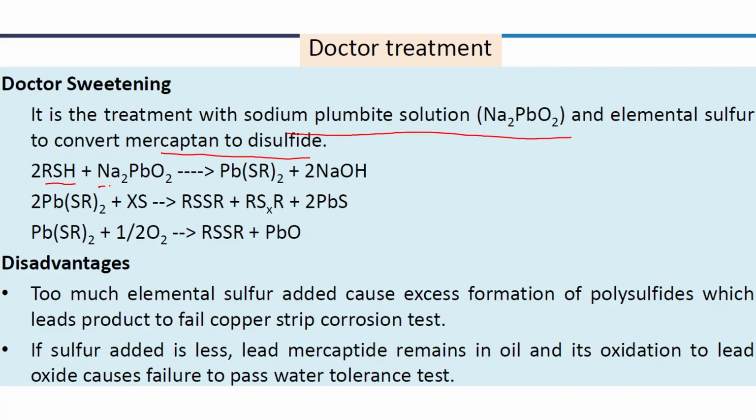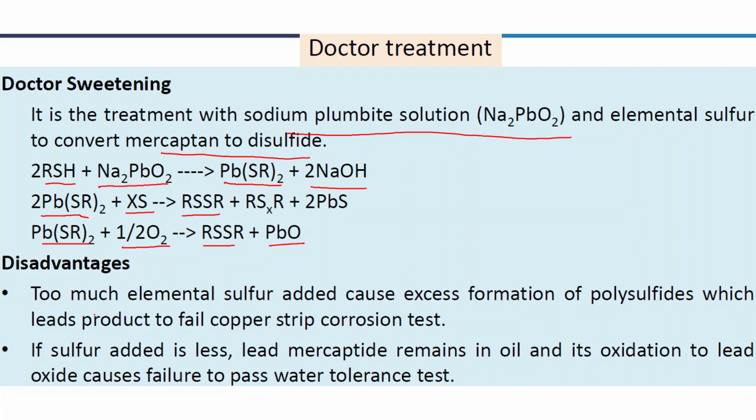The mercaptan reacts with the sodium plumbite and forms Pb(SR)2 and NaOH. Further, this Pb(SR)2 again reacts with the elemental sulfur to form disulfides. And if there is oxygen present, then Pb(SR)2 oxidizes to disulfide and PbO.